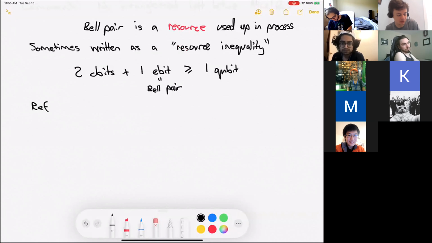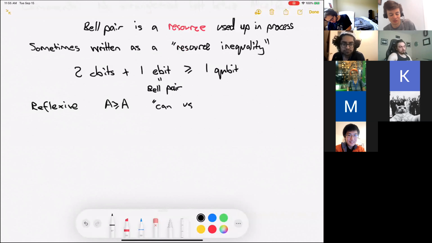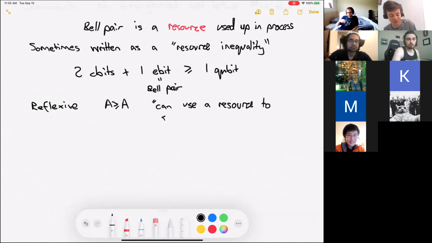So reflexive: A is greater than or equal to A, you can use a resource to simulate itself.